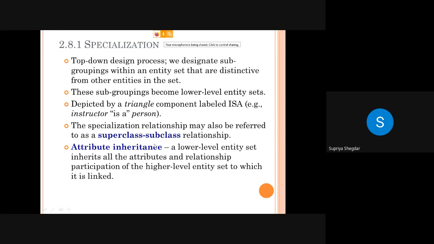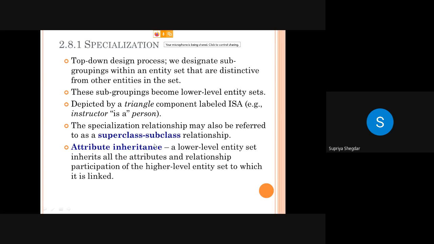So in the attribute inheritance also, we can inherit the attributes of the higher level entity set. Means the lower level entity set is having its own attributes, plus it inherits the attributes of the higher level entity set. So that is nothing but the attribute inheritance.